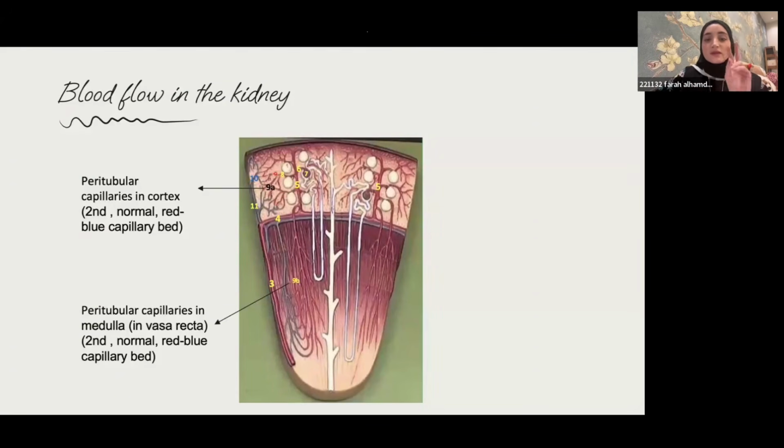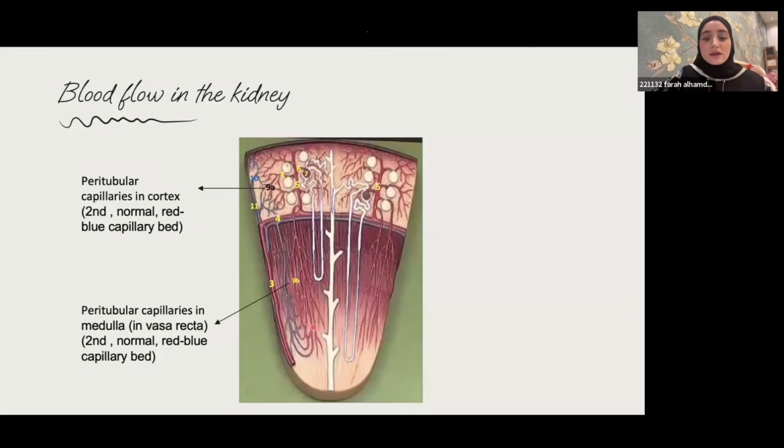We have the peritubular capillaries in the cortex, and then we have them in the medulla as well. In the medulla, they have a special name. They're the same thing, the same job, the same type of capillaries, but they are called vasa recta, because they're straight in the medulla. Everything in the medulla is straight: the tubules, the arterioles, the venules, the capillaries.